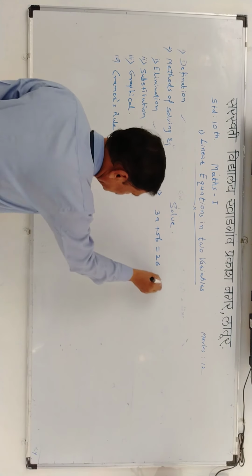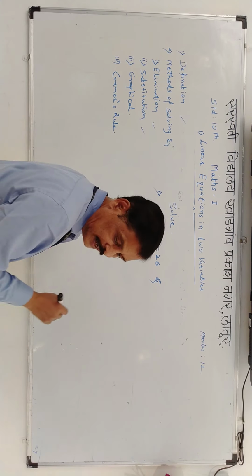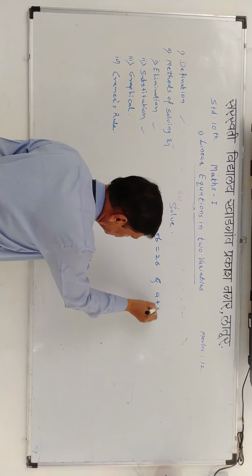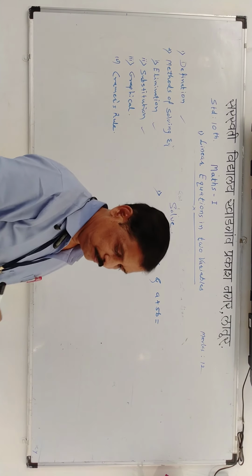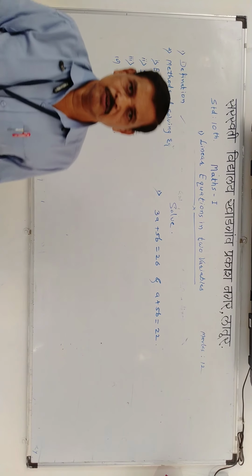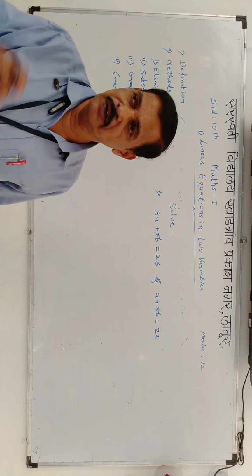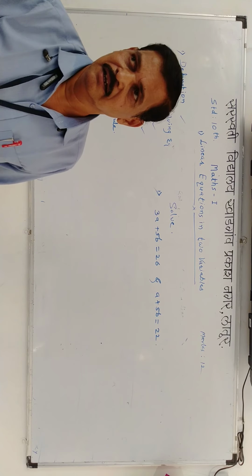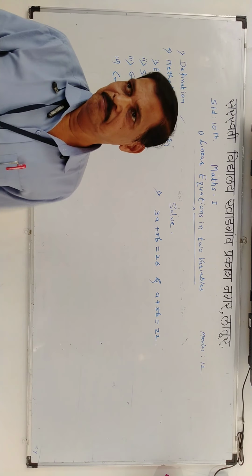And another equation is a plus 5b is equal to 22. We have to solve these two linear equations in two variables a and b.